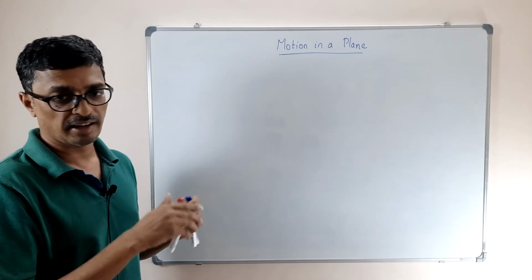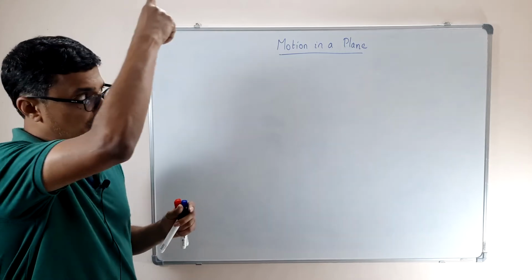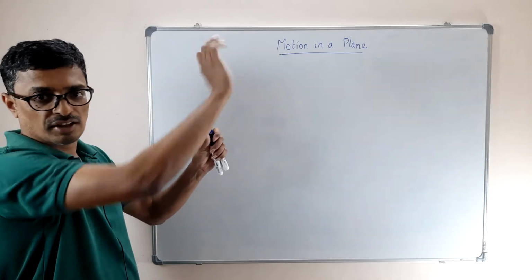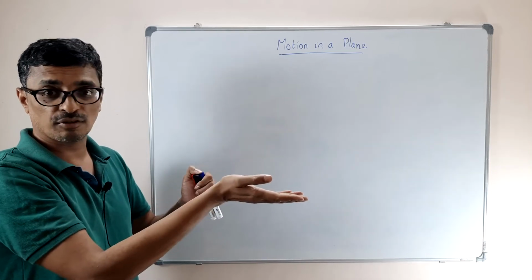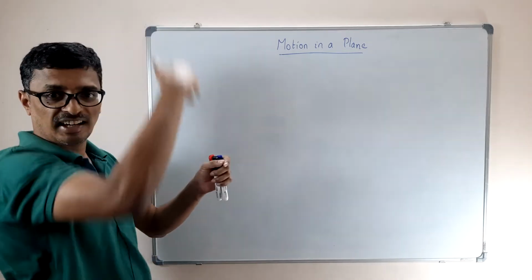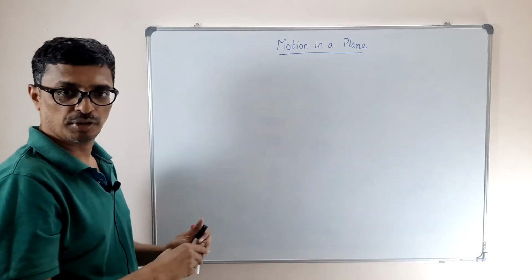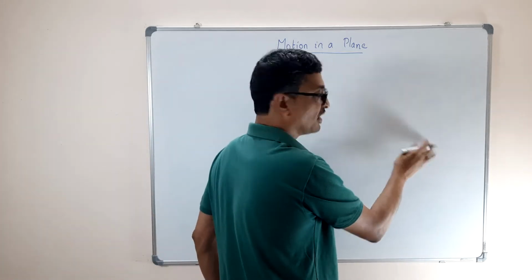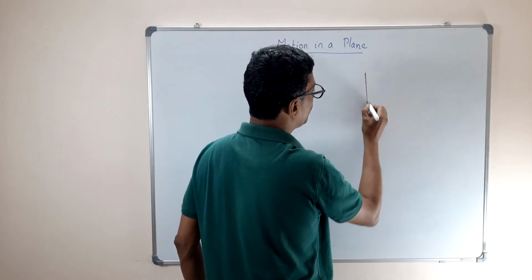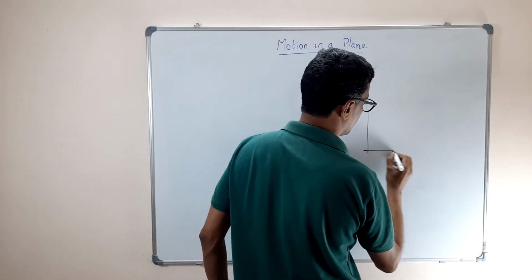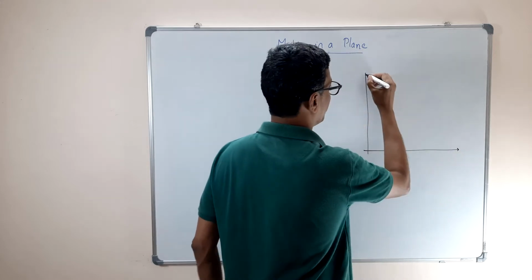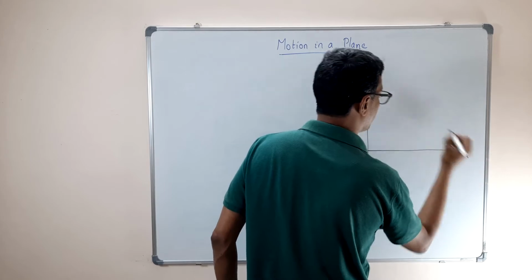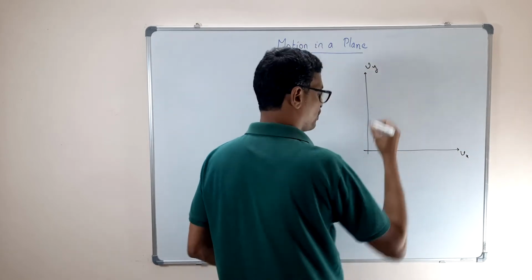You remember the rectilinear motion, what we did? We plotted x versus time, and then we got the velocity. When you want to get into acceleration, we plotted velocity and time. The same way we do it here. Earlier we plotted x versus y. Now I am going to resolve it into two velocities, Vx and Vy.